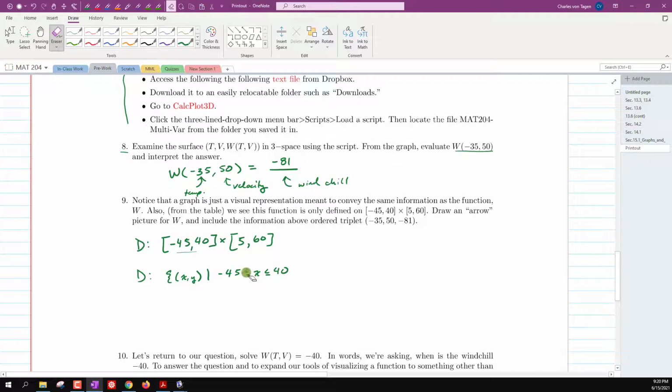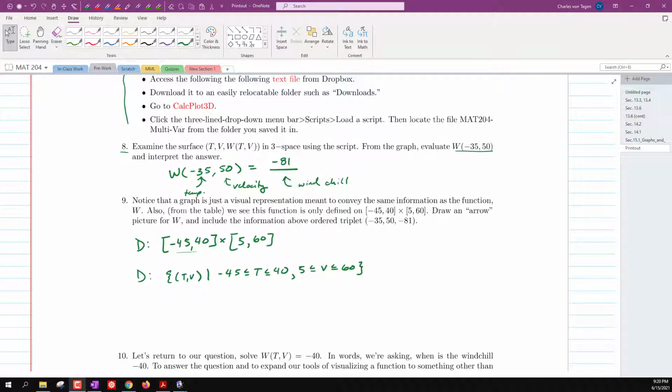And careful folks, I used x and y, and that's normally what we'll use. But here we were specifically using t for the temperature values and v for the wind velocity. So this is between 5 and 60 for those v values. So that's another way we could represent the domain.